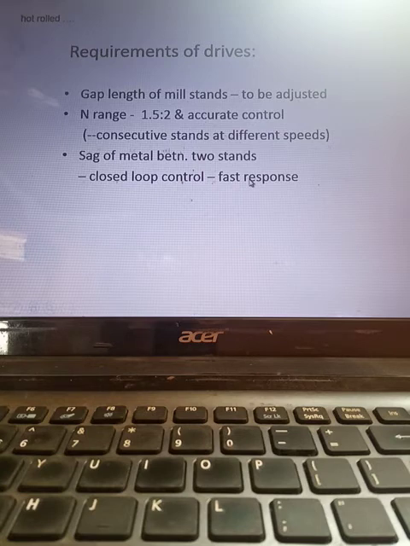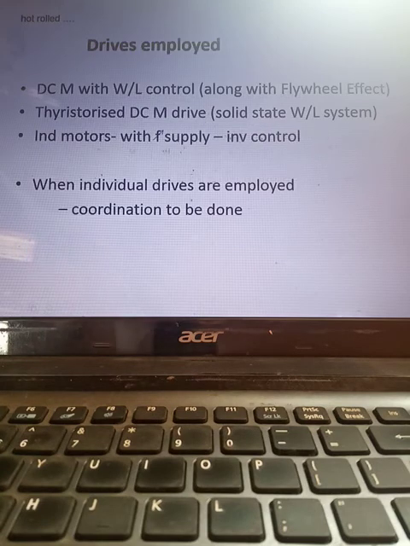They are the requirements. With those requirements, the drives employed are DC motor drive with Ward Leonard control along with flywheel effect, and nowadays it is thyristorized solid state DC motor drives, normally referred to as the solid state Ward Leonard system. Induction motors with frequency control with inverter are also employed.